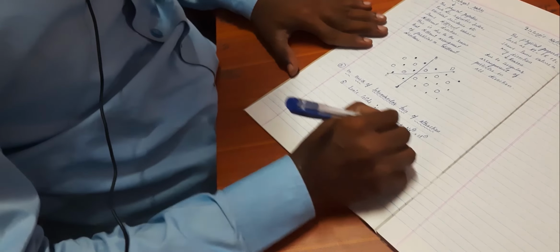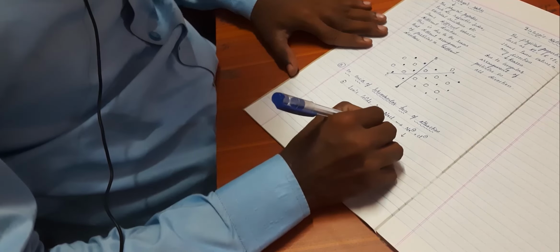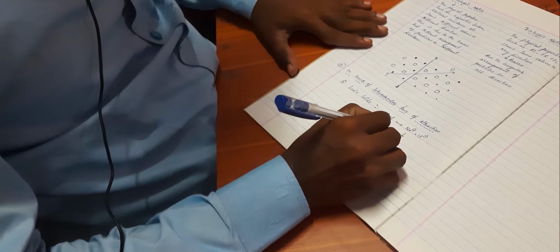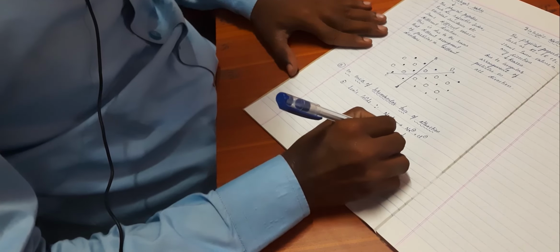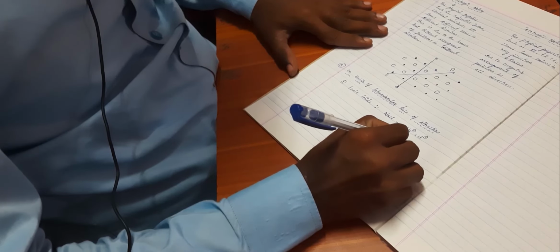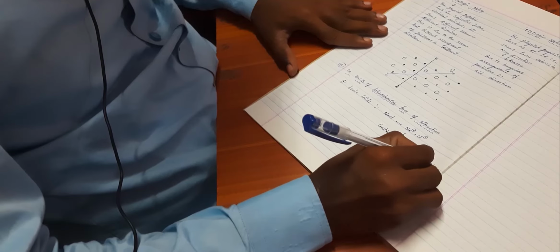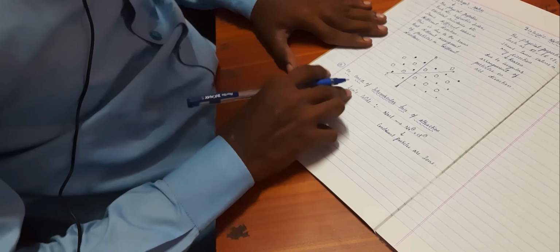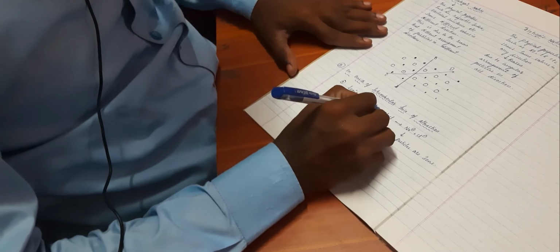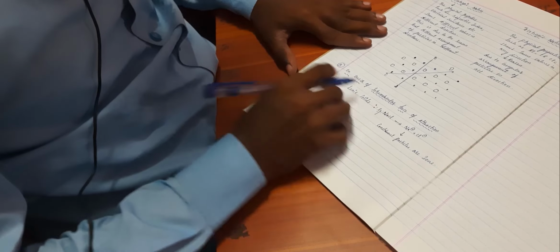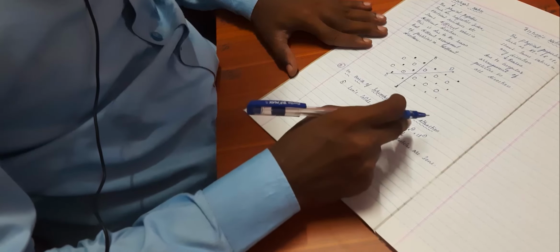In the constituent particles, if you observe, the constituent particles are ions. An example of an ionic solid is NaCl, and NaCl breaks down into two ions.